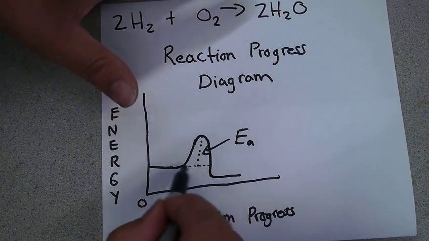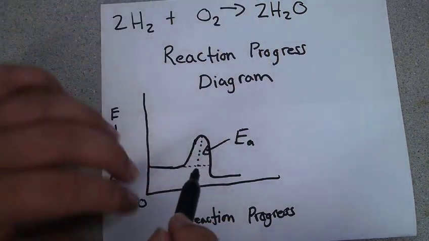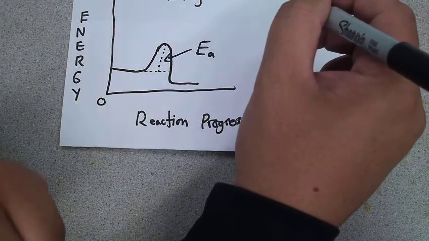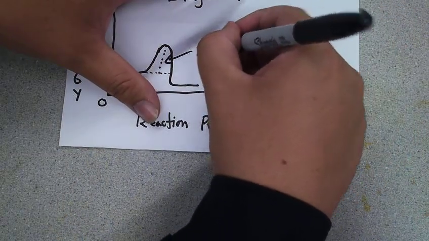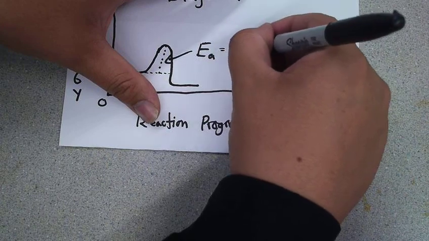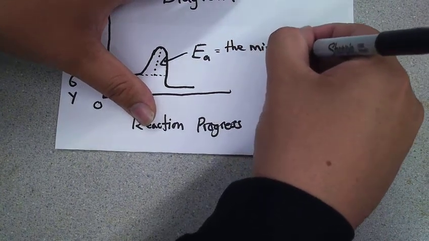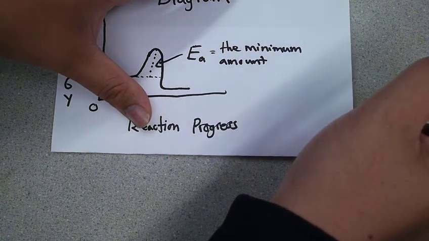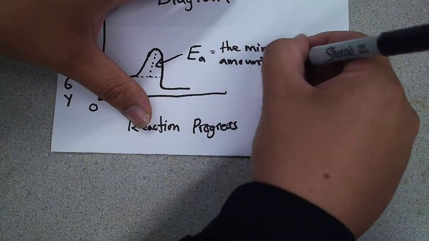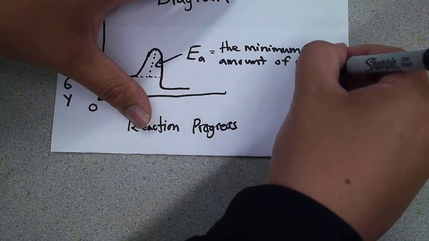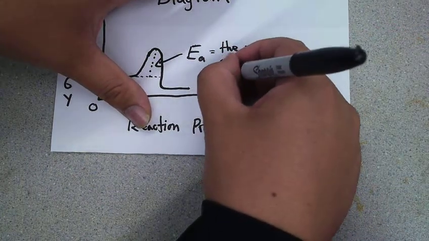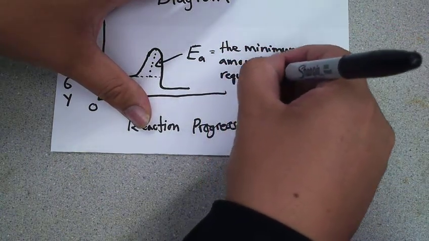Make sure your dotted line is filled in correctly, just like mine. That's the activation energy. Let's go ahead and label that now so we have it. So the activation energy. It's the minimum amount of energy required to start a chemical reaction.